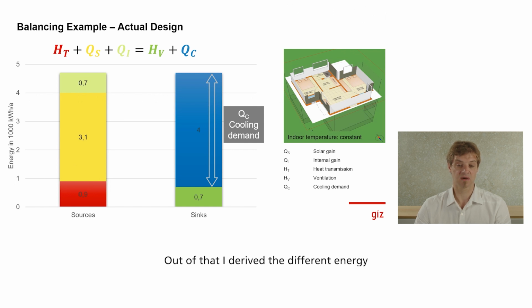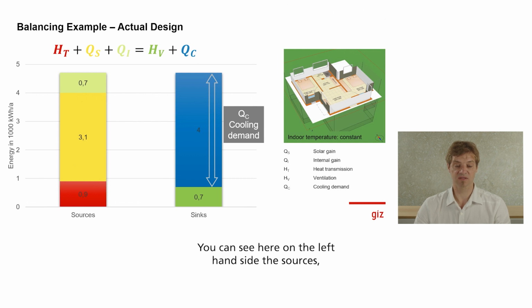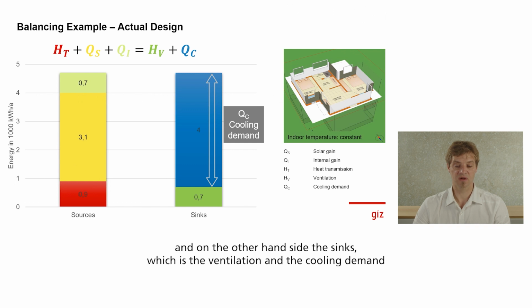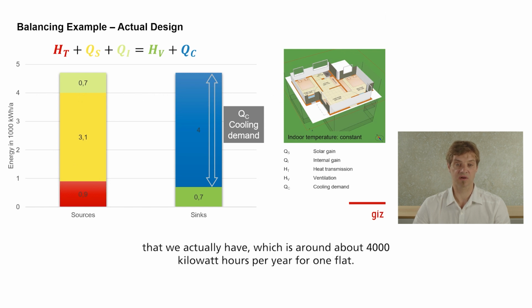Out of that, I derived the different energy sinks and sources, and I displayed it in a graphical way. So you can see here on the left-hand side the sources, which is the internal sources, the solar sources and the heat transmission. And on the other hand side the sinks, which is the ventilation sink and the cooling demand that we actually have, which is around about 4,000 kilowatt hours per year for that flat.